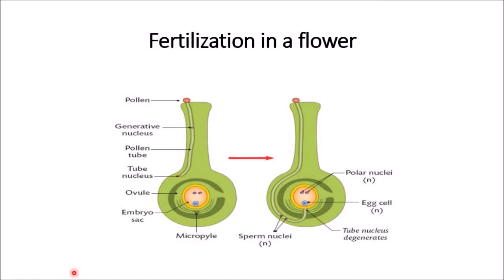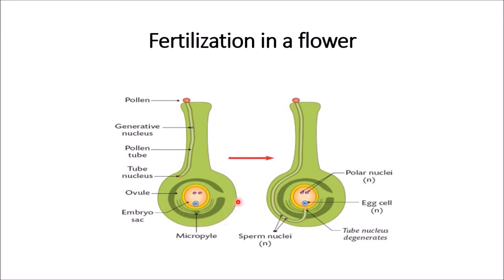When a pollen grain falls on the stigma of a carpel, it bursts open and grows a pollen tube. This pollen tube moves downward through the style towards the female gamete that is in the ovary, and a male gamete moves down the pollen tube.